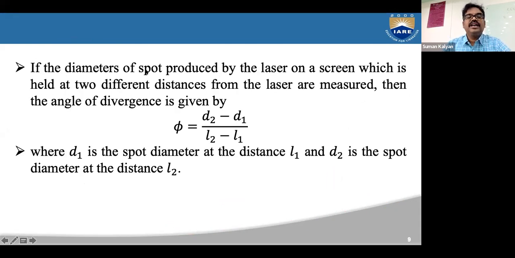You have all done this experiment, right? On the screen, when there is no slit or diffraction grating, you have seen a particular red spot. We used a helium neon laser only. You have seen the light, a spot, right?